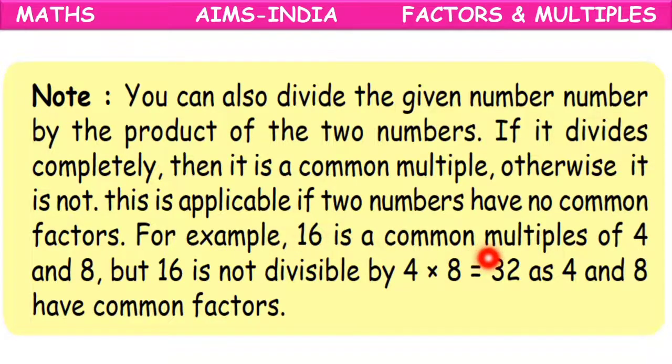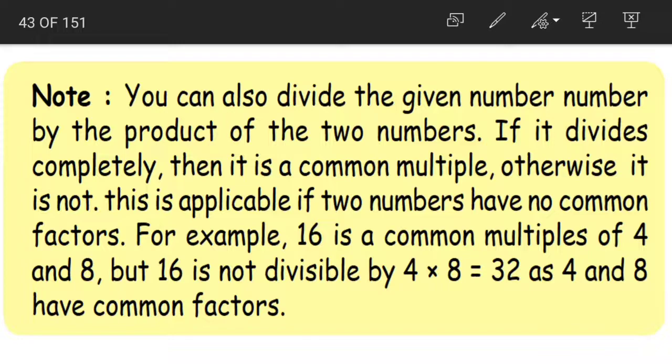For example, 16 is a common multiple of 4 and 8, but 16 is not divisible by 4 into 8, as 4 and 8 have common factors. Now what are they saying? Here 16, 4 and 8. Okay. We need to check whether 16 is a common multiple of 4 and 8.